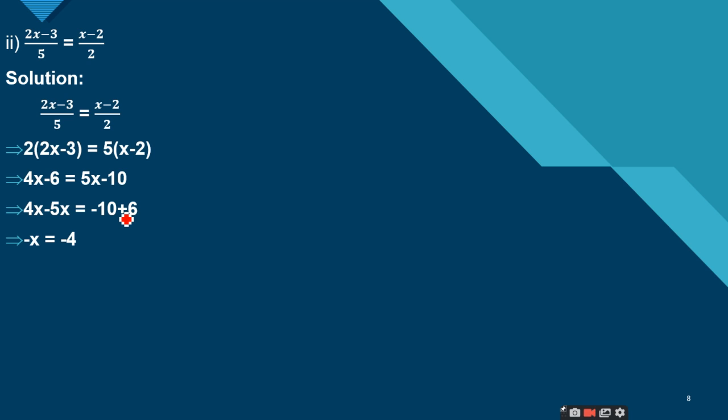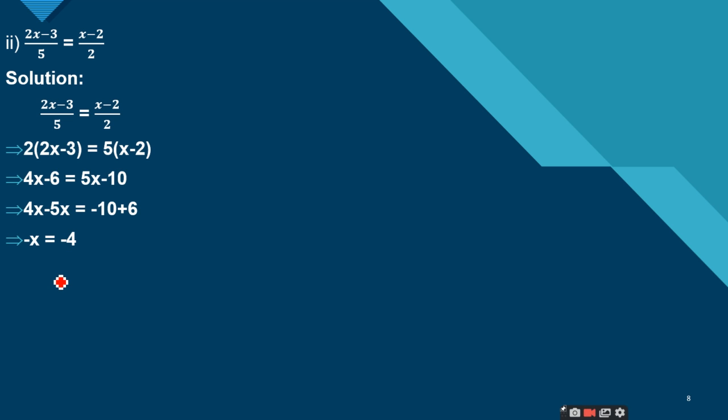We have different signs, so we subtract these numbers. So 10 minus 6, we get minus 4. And we just cancel out the minus on both sides, and the answer is x is equal to 4.